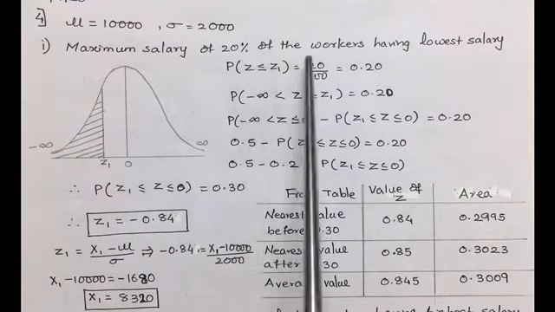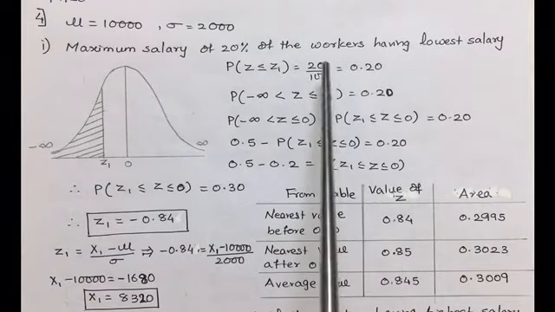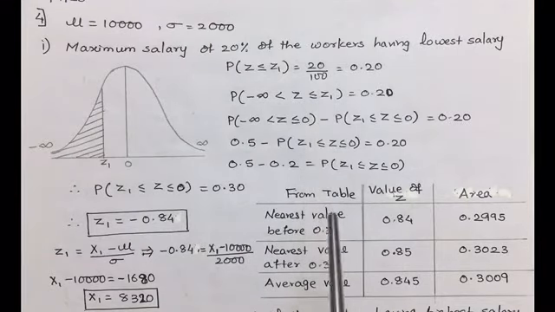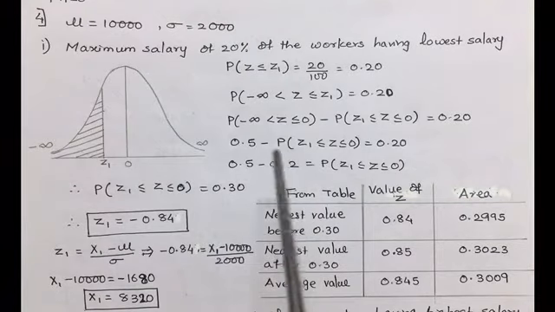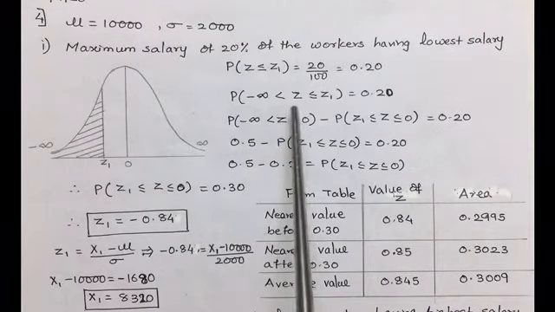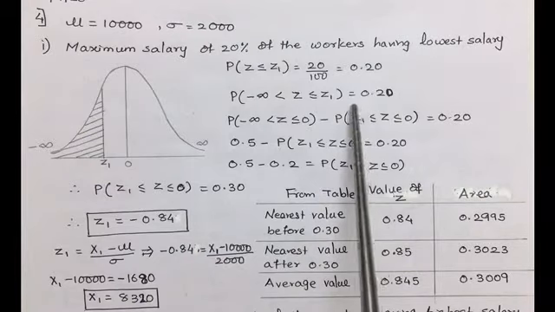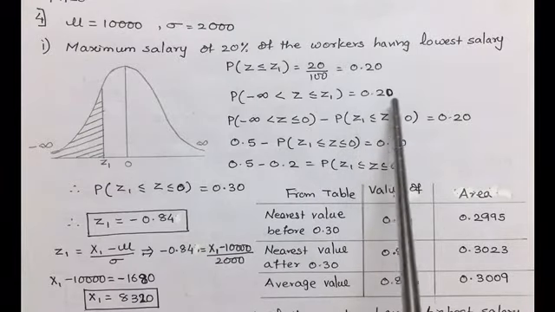Now in such cases there are 20% of the workers. So we write here 20 divided by 100. Now as the left hand side limit is missing, we take minus infinity, less than Z, less than or equal to Z1, and that gives the value 0.20.